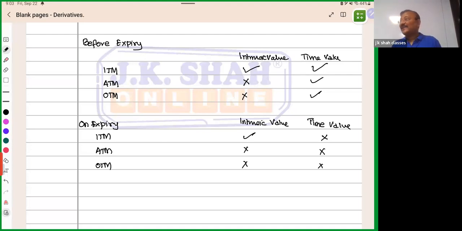That means on expiry, what will be the value of this option? This one. If the option is at the money on expiry, what will be its value? It has neither intrinsic nor time value, and I'll show it to you. Actually it becomes zero. On expiry, if that option is out of the money or at the money, its value will be zero. Technically not zero, because the NSE software is such that if it shows zero, it will not appear on the screen. So they put 0.05. Right? I'll show it to you.